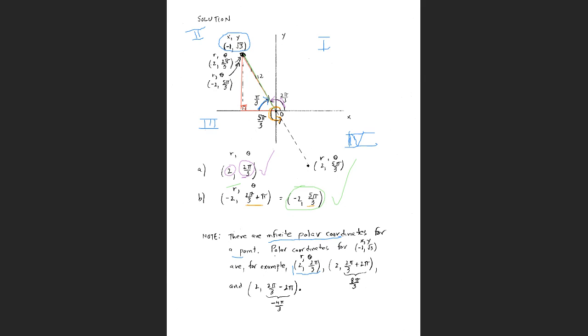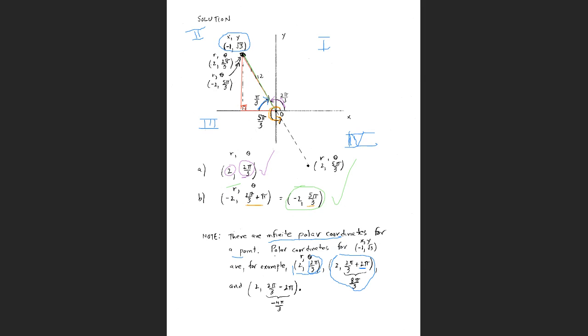But if you add 360 degrees, which is one revolution, to the 2 pi over 3, you're going to get 8 pi over 3. So the polar coordinate 2, 8 pi over 3 is equivalent to the polar coordinate 2, 2 pi over 3.